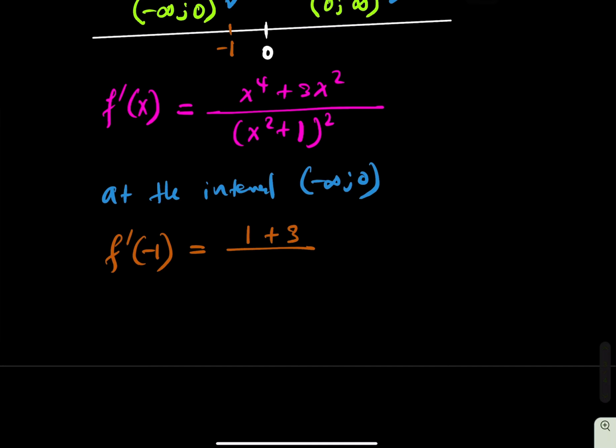So if you put 1 here, it's going to be 1 plus 1, and then you square that. So that is 4 over 2 squared, which is also 4. And what are we going to get? We are going to get 1. That is really simple, and that is bigger than 0.